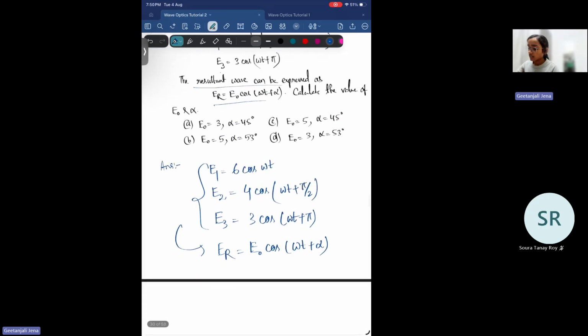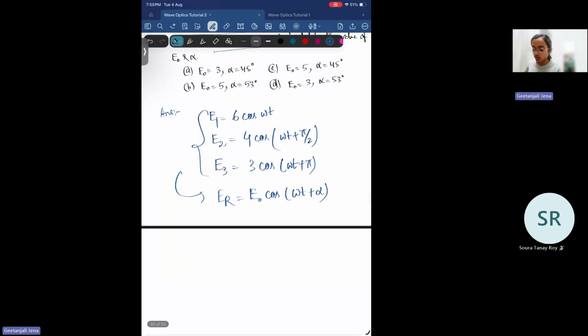I think you can easily solve this. I'm just going through these steps in brief. You can cross verify the answers. Okay.